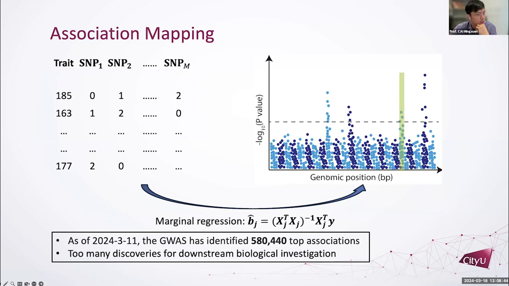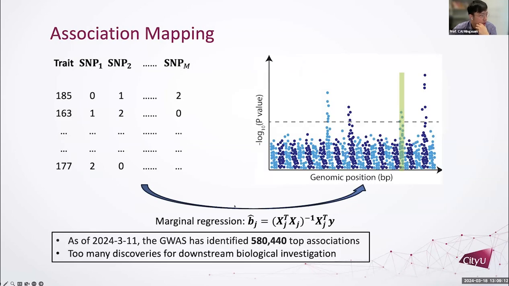The x-axis is the genomic position in the genome, and the y-axis is the negative log 10 of the p-values. You can see that across the genome, we can identify many statistical associations, passing some very small p-value threshold, usually 10 to the minus 5 or 8.